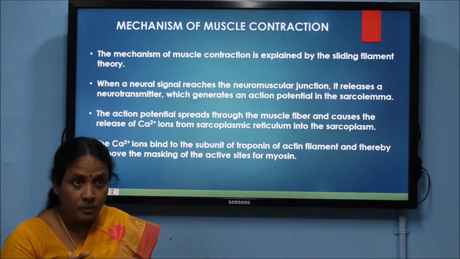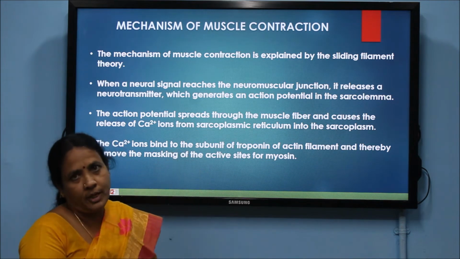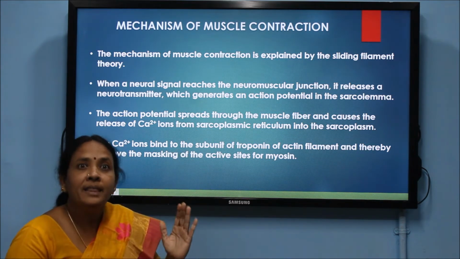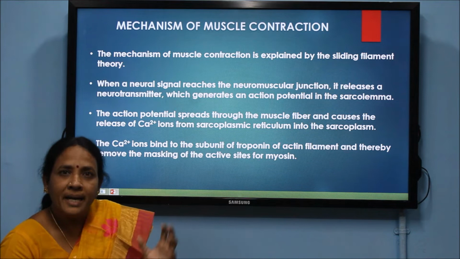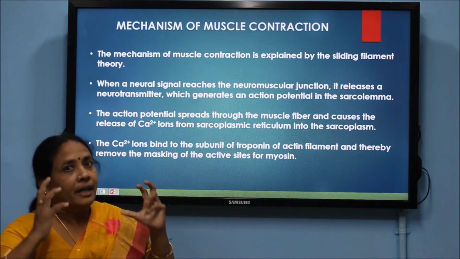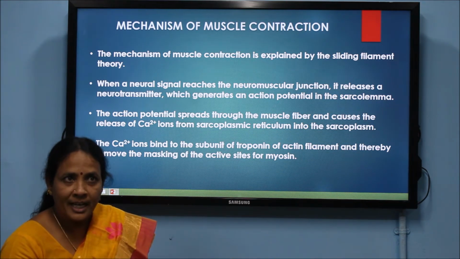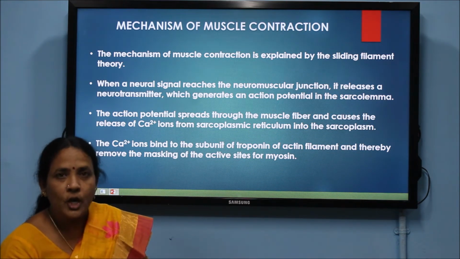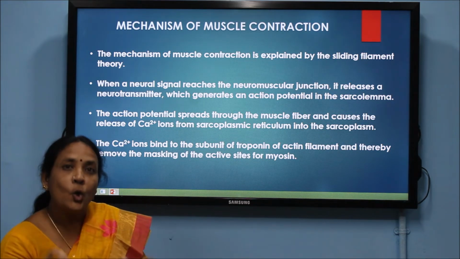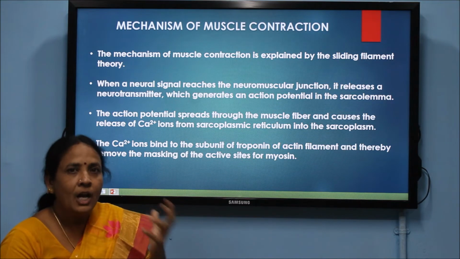That place is said to be the neuromuscular junction. When the motor nerve brings the impulse to the muscle, the muscle is stimulated and it starts to secrete the neurotransmitter, acetylcholine.